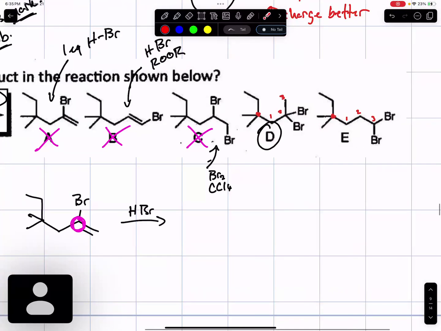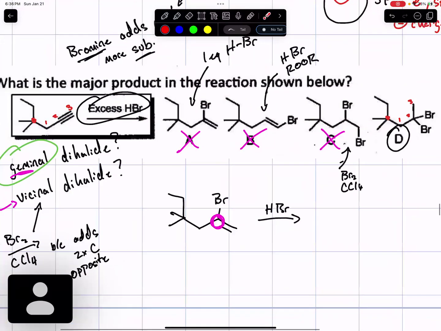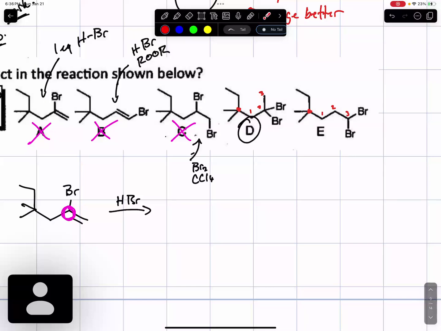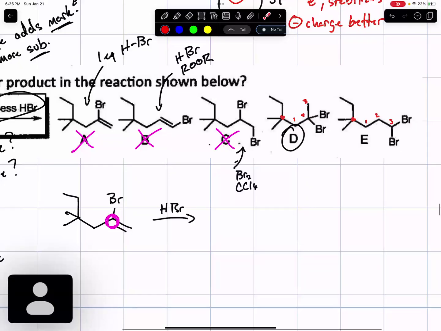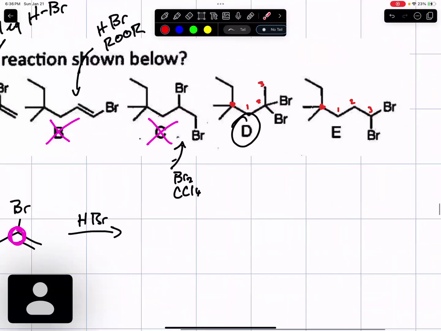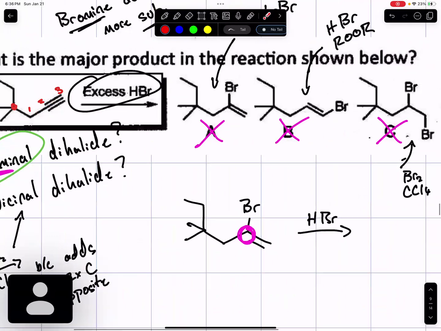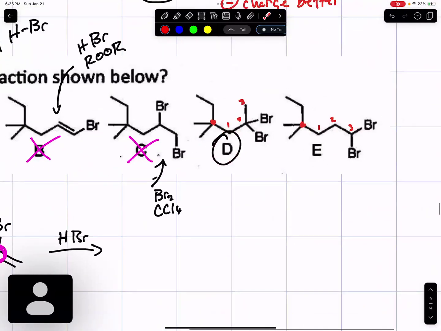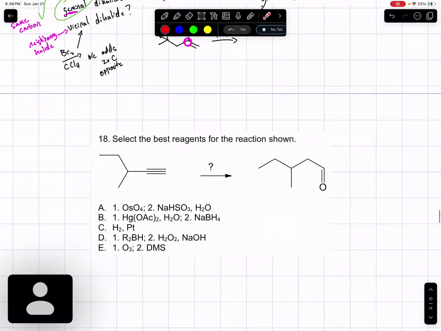We look at our answer choices, we count our carbons, 1, 2, 3. After counting our carbons, we look at which one would have added to the internal position, to the more substituted side. That would be answer D. Okay? Any questions? No? All right, moving on.